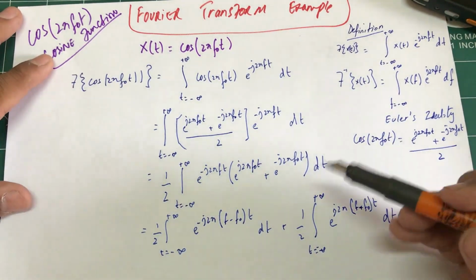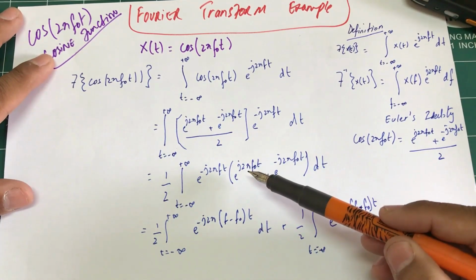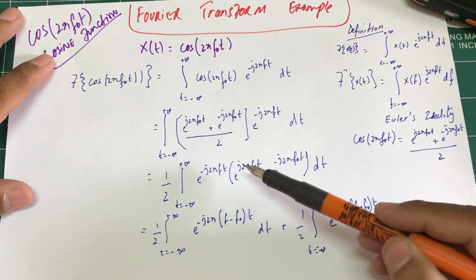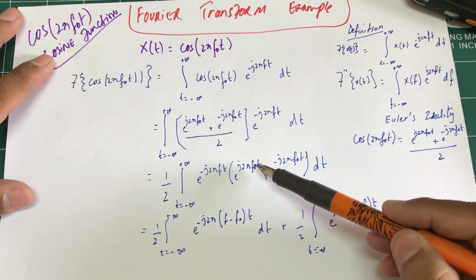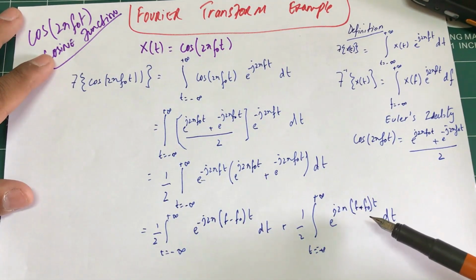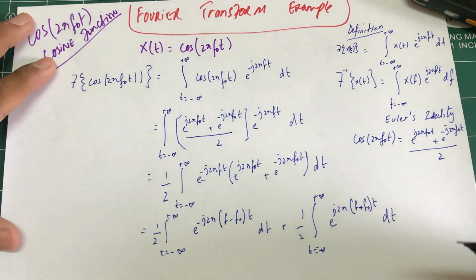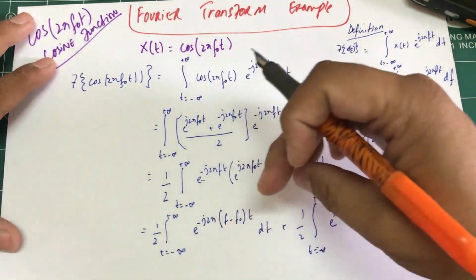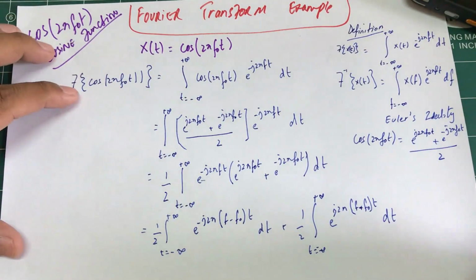I hope you all see this, because when I multiply this by this, I'll take that negative out. When you have the same bases, the powers add up, but there's a negative sign. Same thing when I distribute this, I'll end up with this. So I just split that integral into two.